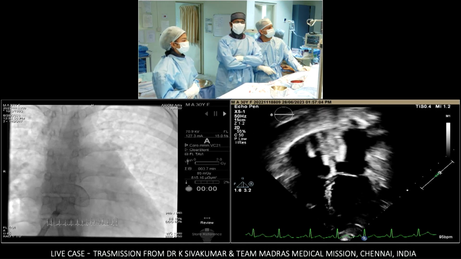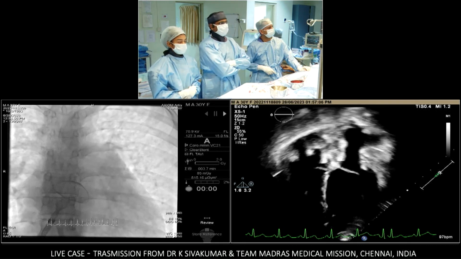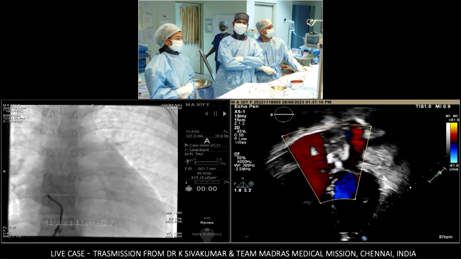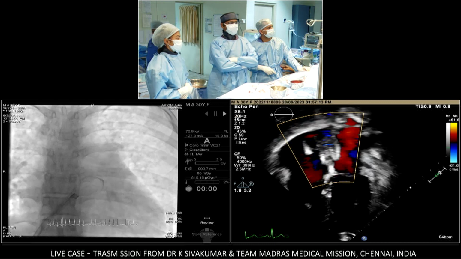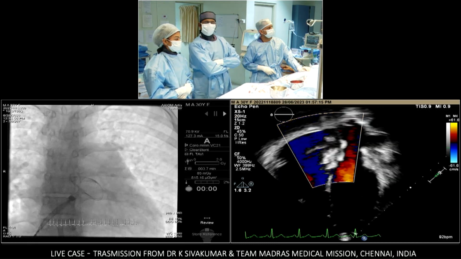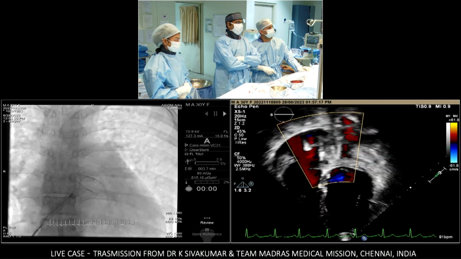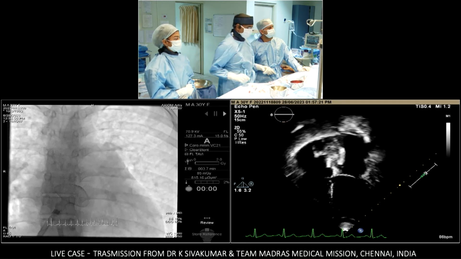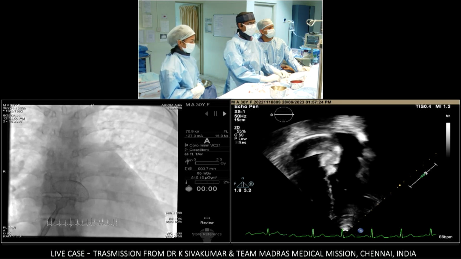Moreover, today we have about 9 patients lined up for the day-long transmission, so I thought I would save on a transesophageal echo and try to make it faster. Dr. Srija is now showing the echocardiographic image. I'm going to do a limited bubble study now.